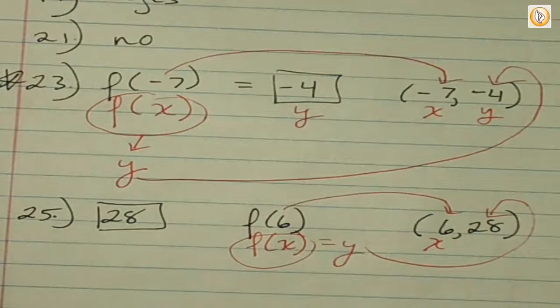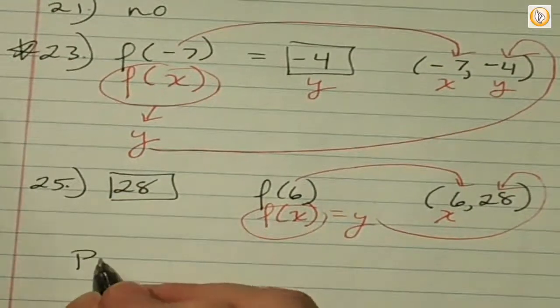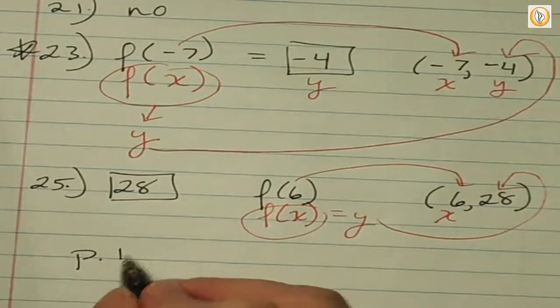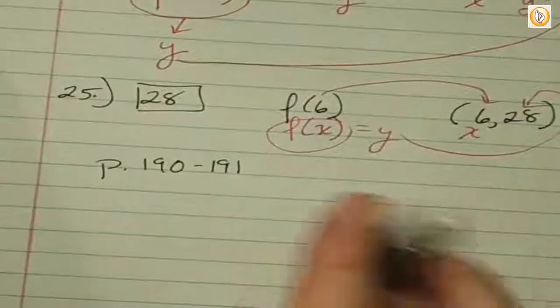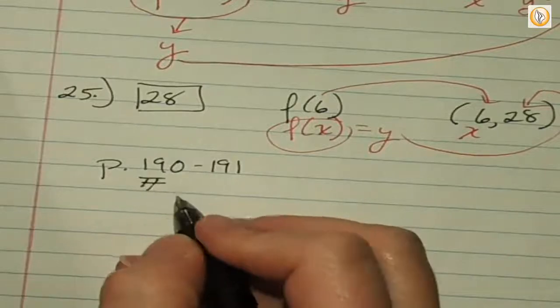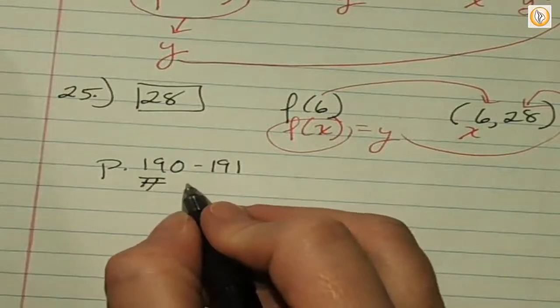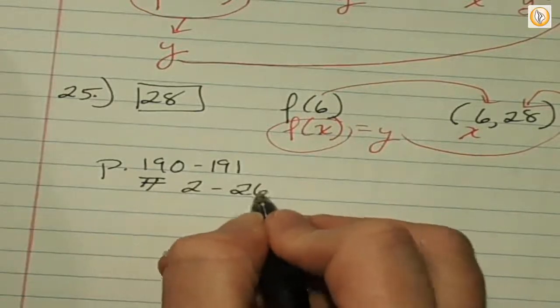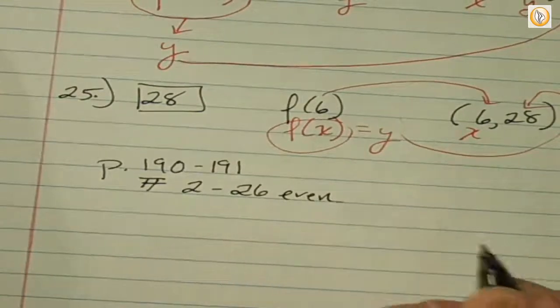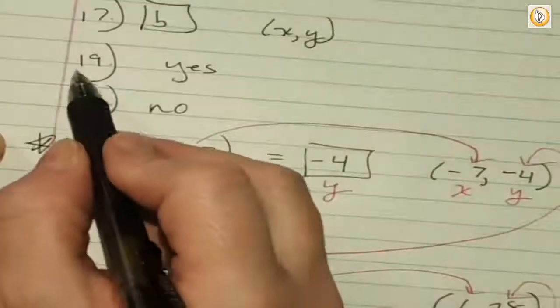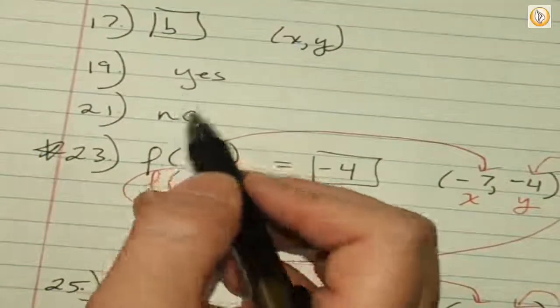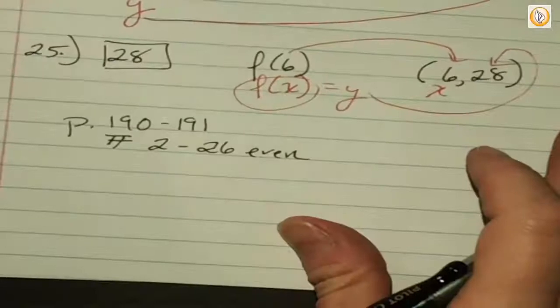Any questions? All right, y'all are going to do page 190, 191. You're doing numbers 2 through 26 even, all of you. And remember, for 19 and 20 section, just write yes or no. Don't worry about writing a different way.